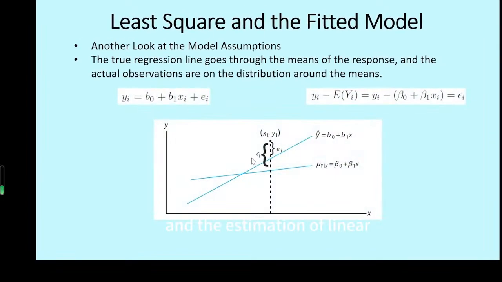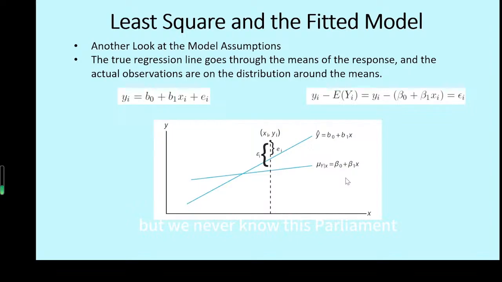The estimation of the linear regression model is based on the idea that we will minimize the sum of the squares of this ei, which is the error between the observations xi, yi and this fitted line. So y hat is b0 plus b1x. So b0 is just the estimate of beta 0, because beta 0 plus beta 1x is the real line.